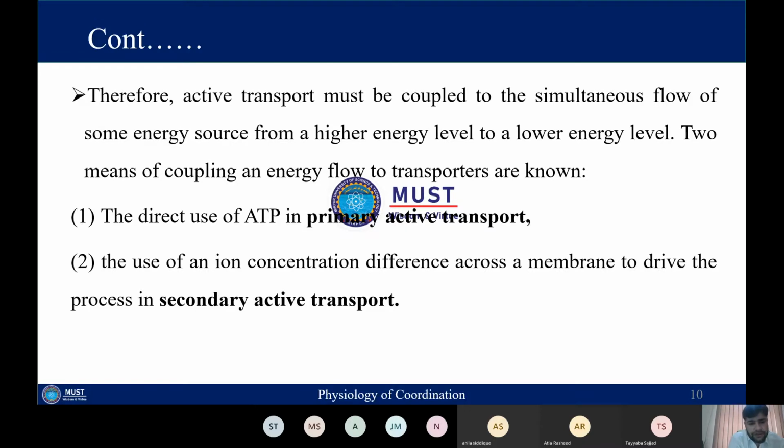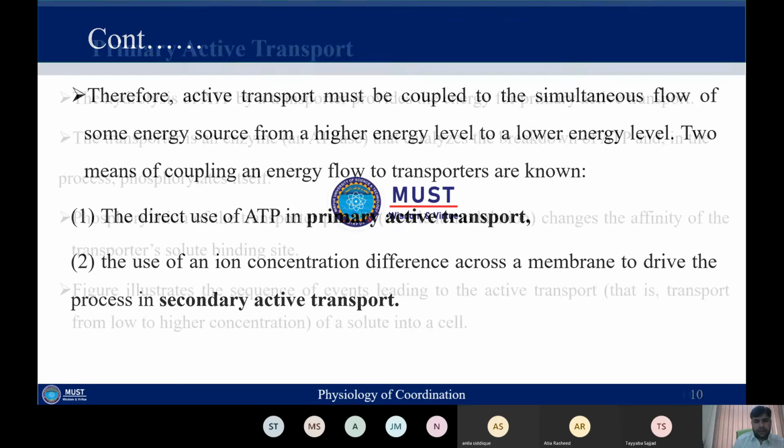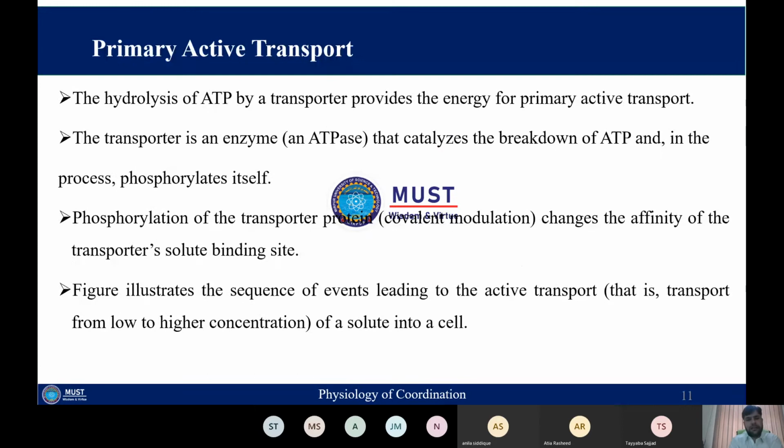And sometimes the use of an ion concentration difference across a membrane drives the process, and that is called secondary active transport. So active transport is further divided into two types: one is called primary active transport, and the second type is called secondary active transport.